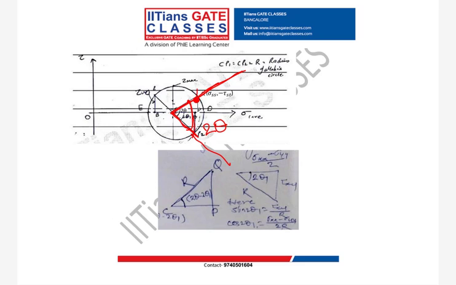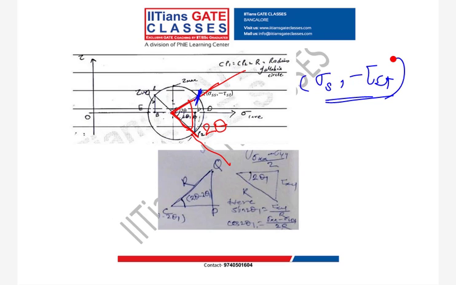Now you can see this is the coordinate, right? So the coordinate of this point is nothing but sigma s comma minus tau st. Now tell me why the minus sign is there here. Tell me guys, why minus sign is here?